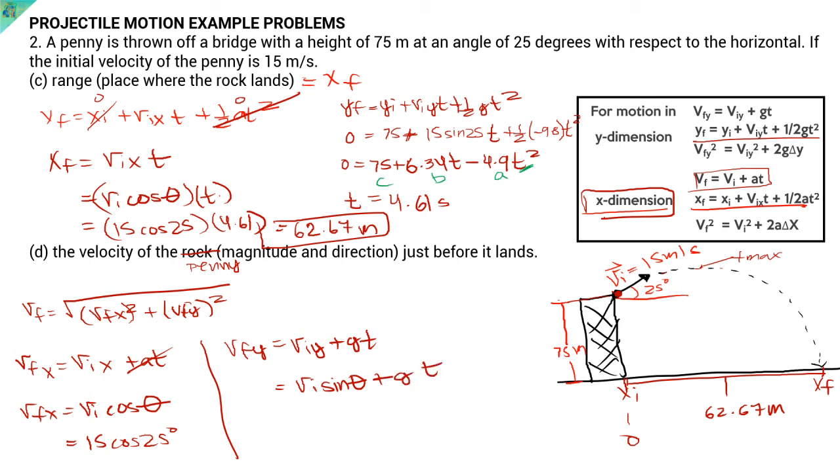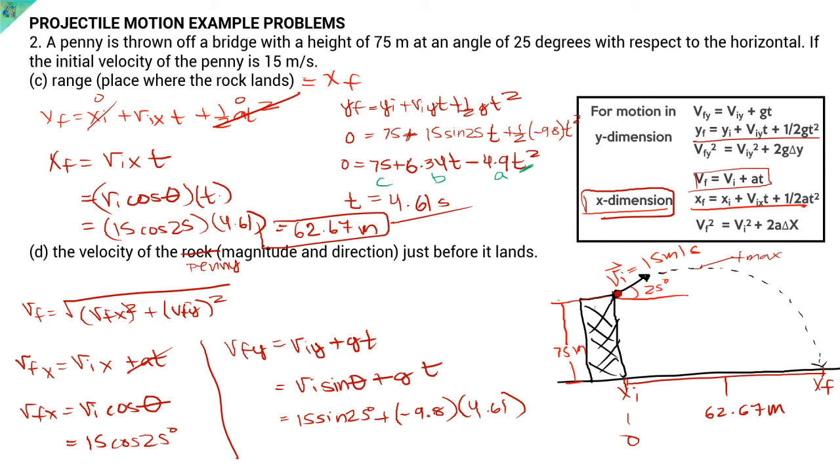Do we have our g? Yes, and we have also our time in the air, or the time it took to land, so that's 4.61. Our Vi is 15 sine 25 degrees plus negative 9.8 multiplied by the time the penny took from the bridge to the ground, that is 4.61.